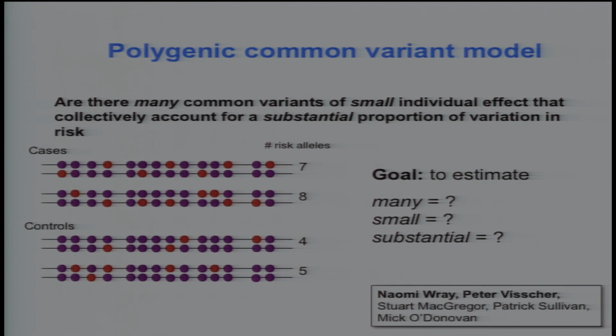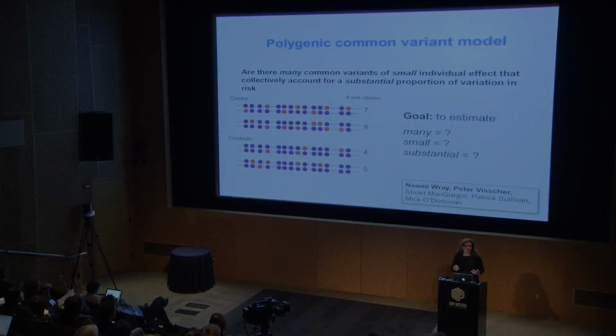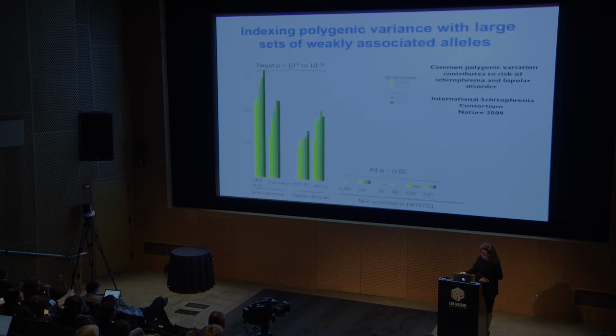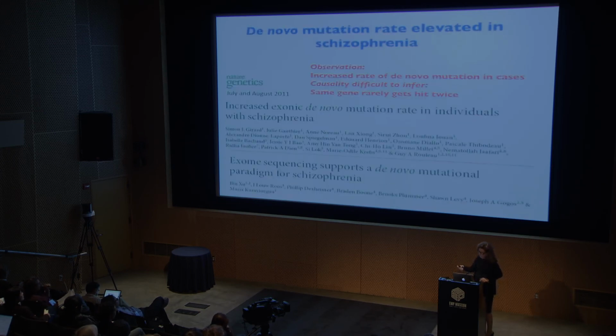A couple of years ago, we asked a question that was considered heretical at the time, which was, are there many, even thousands, of genetic contributions that might be too small to measure individually, but we might be able to measure in aggregate? And the answer to that question was yes.